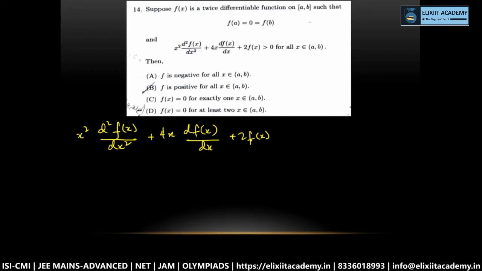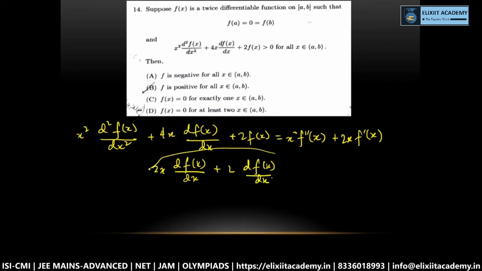For our calculations to be easier, we can write this as x squared f double prime x plus 2x into f prime x, right? We can break this 4x df(x) by dx into 2x df(x) by dx plus 2x df(x) by dx.